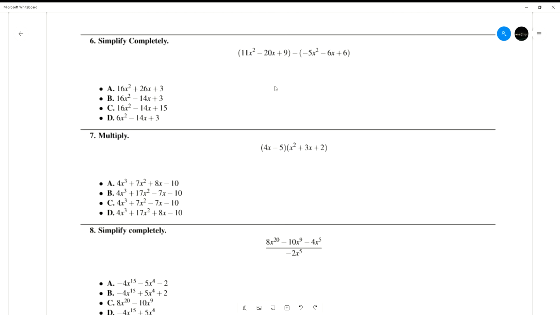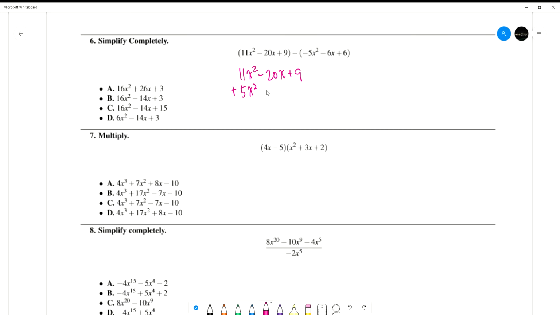Anyway, number 6. We can't necessarily do this on the calculator, so let's do it by hand. First, we have to distribute and remove parentheses. So I have 11x squared minus 20x. I like to write it from highest to lowest power if they're not already written that way. And then distribute this minus sign, so we get plus 5x squared. I can line it up like this as well, as we learned from the last class.